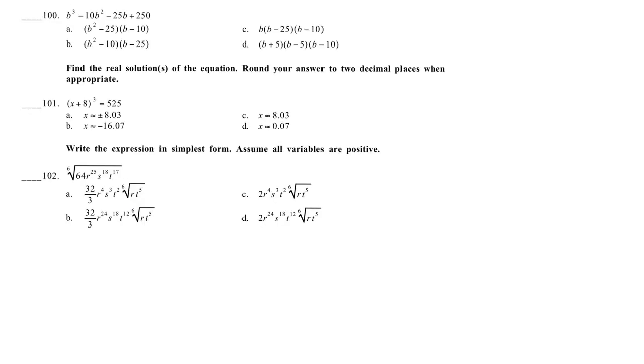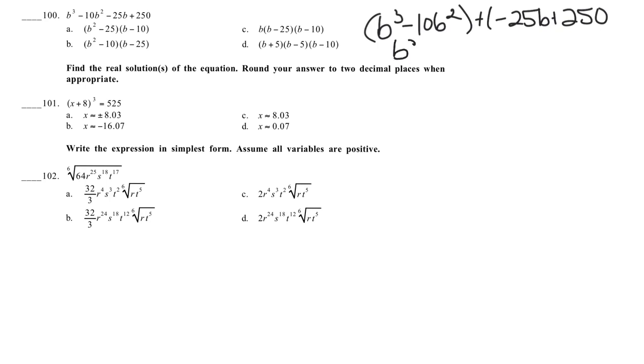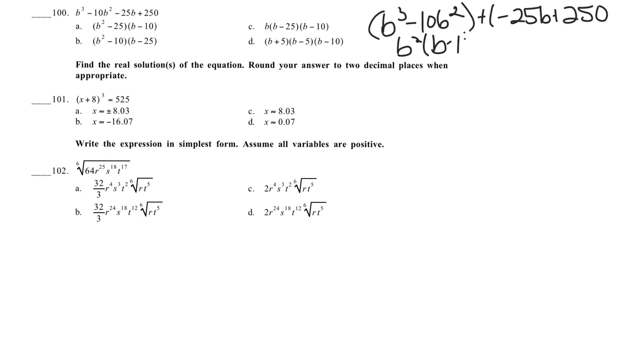All right, we're on number 100. I can't believe I've done a video with over 100 problems. Factor by grouping again. It's b cubed minus 10b squared. I'm going to group that. I'm going to pull the negative inside, 25b plus 250. I'm going to factor out the b squared times b minus 10.